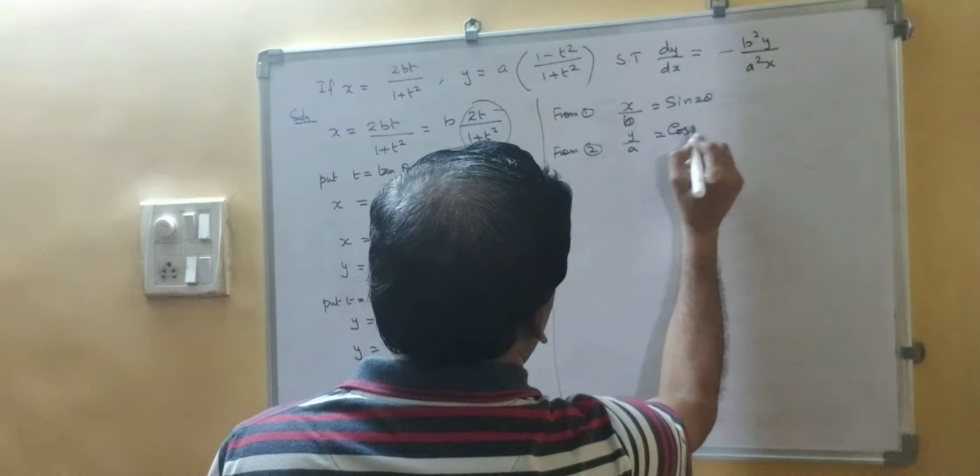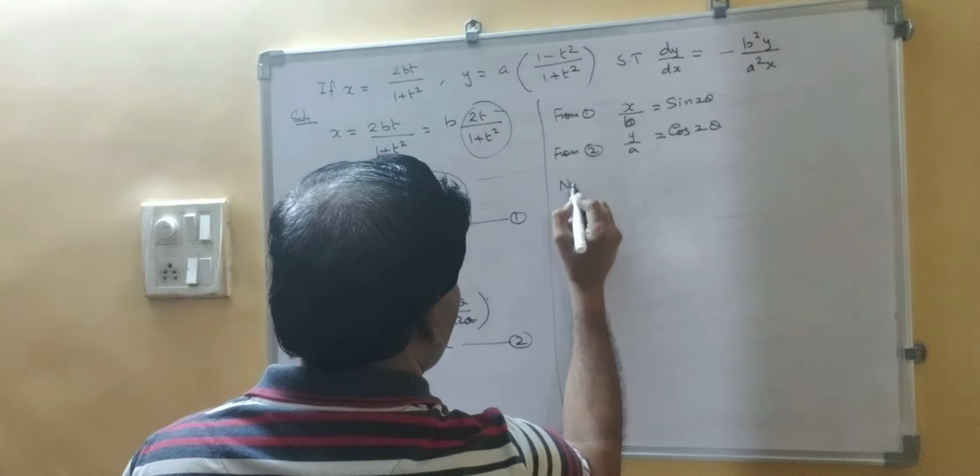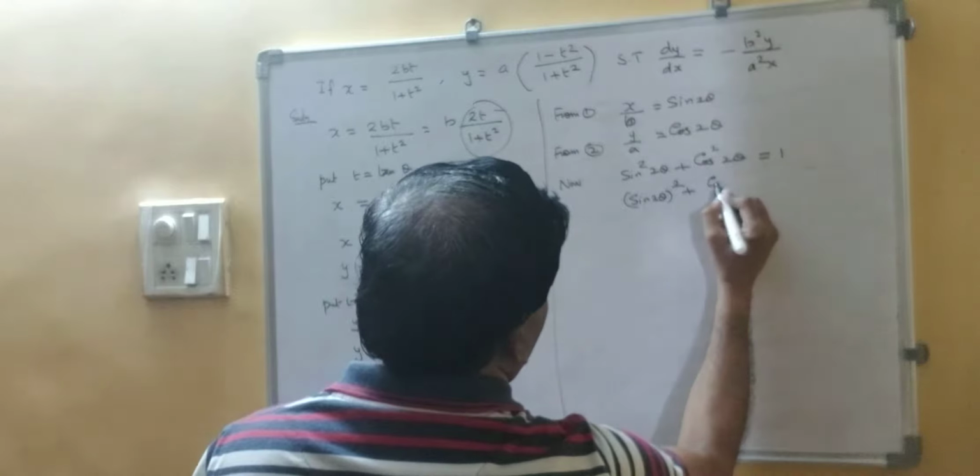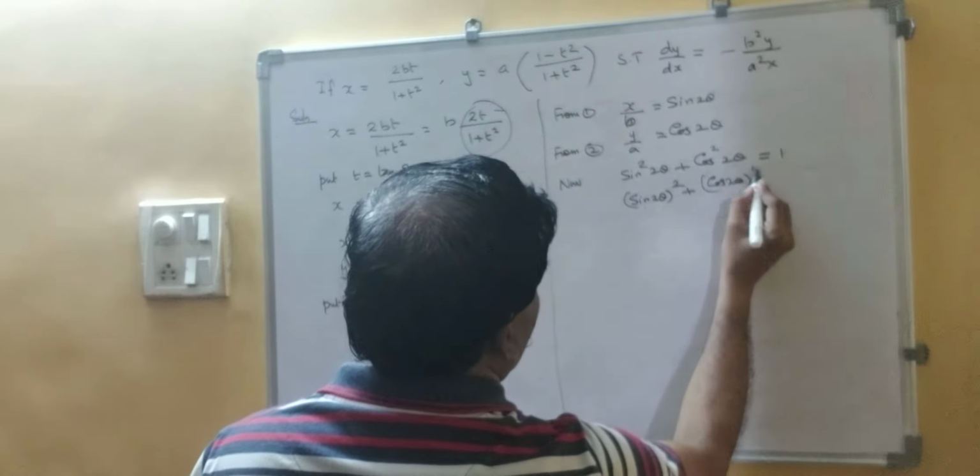Cos 2 theta. Now we know that sin square 2 theta plus cos square 2 theta equal to 1. So sin 2 theta the whole square plus cos 2 theta the whole square equal to 1.